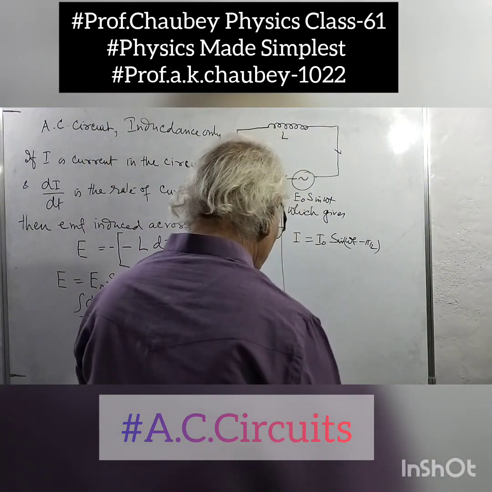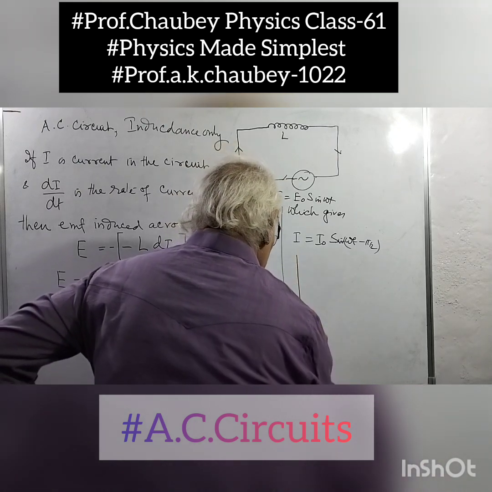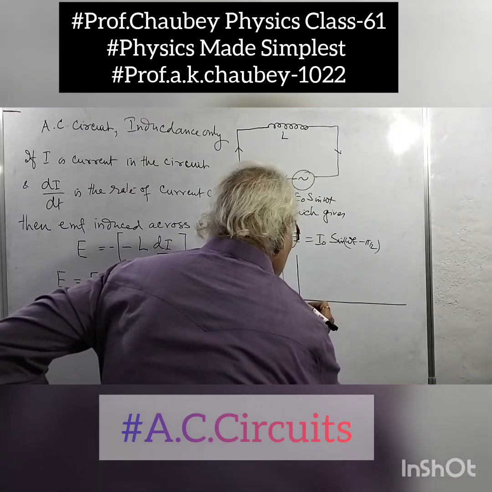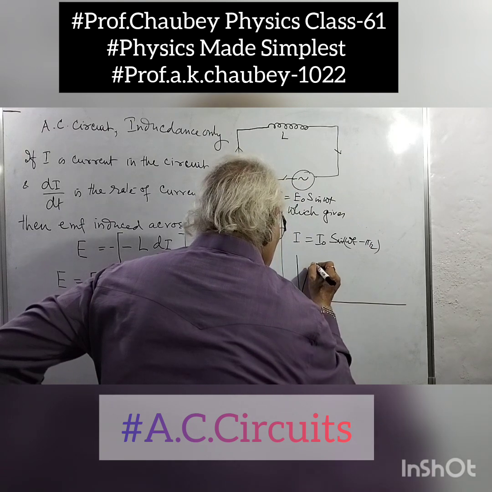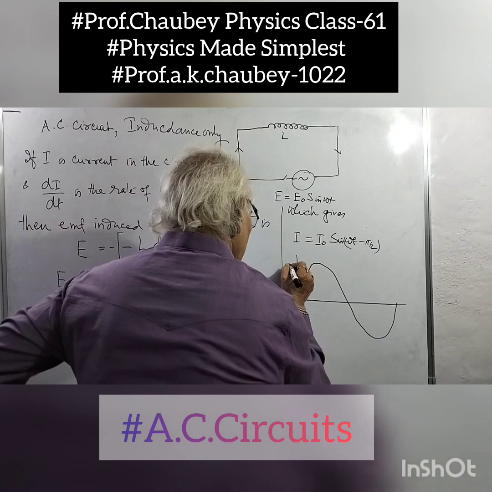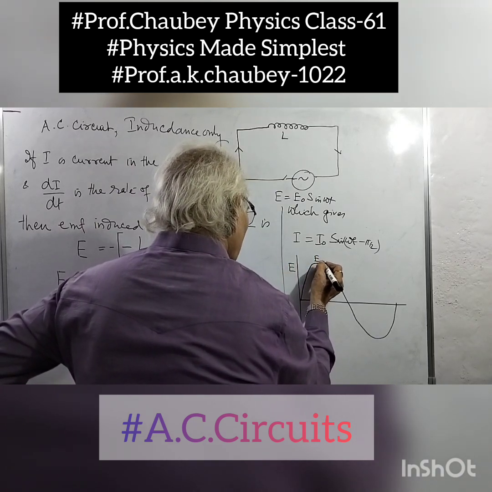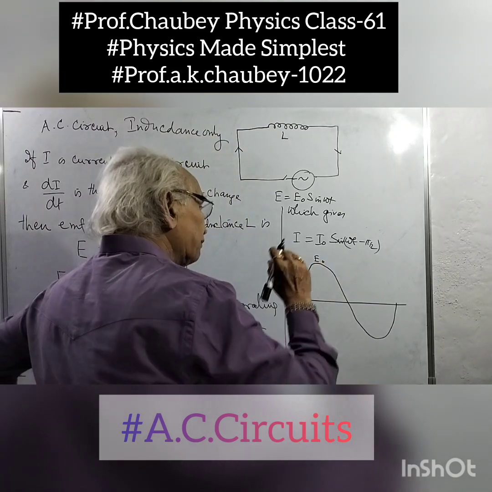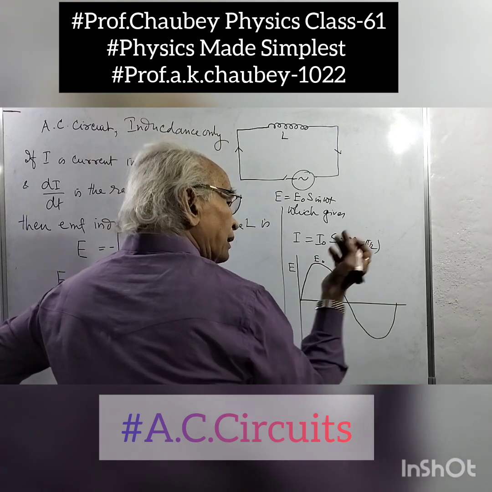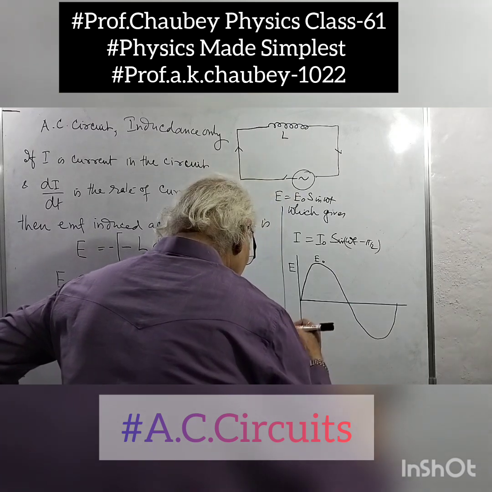And you can make the diagram like say, this is the EMF, this is the E naught here. Then the current is having a phase difference of pi by 2, means when this is E naught, current is opposite, means opposite maximum maybe here. And then current increases.